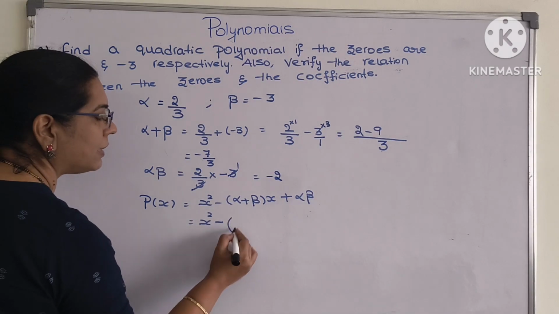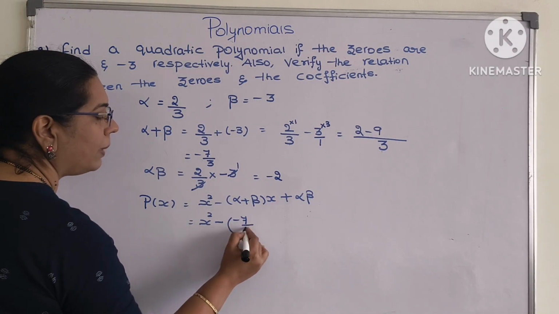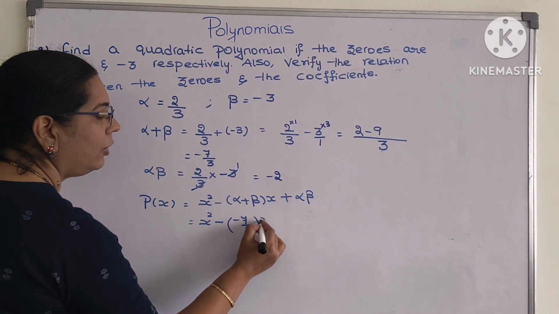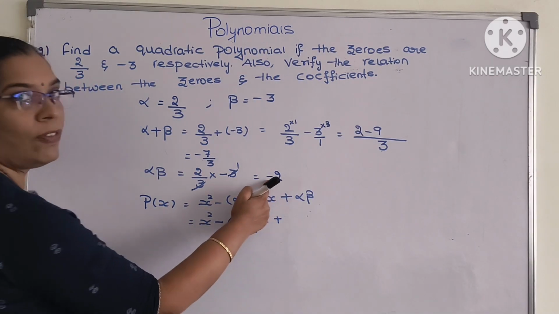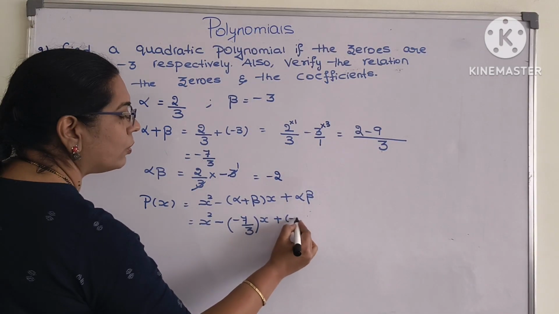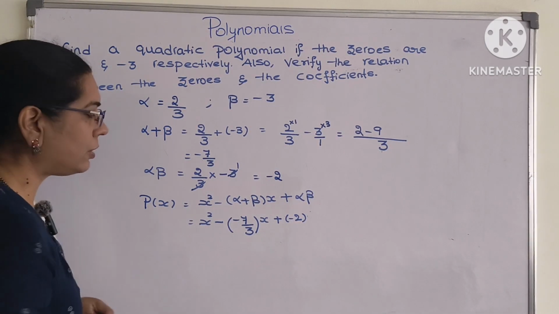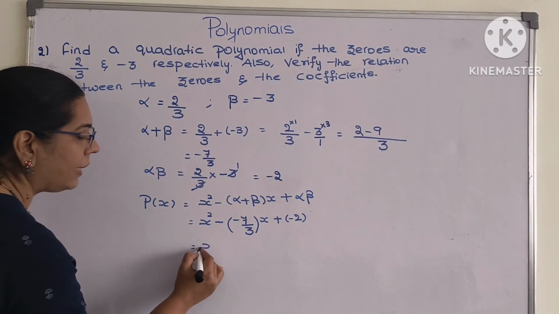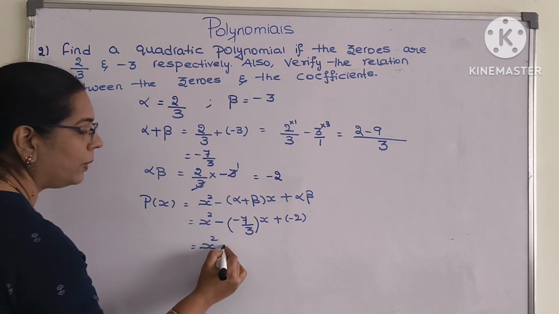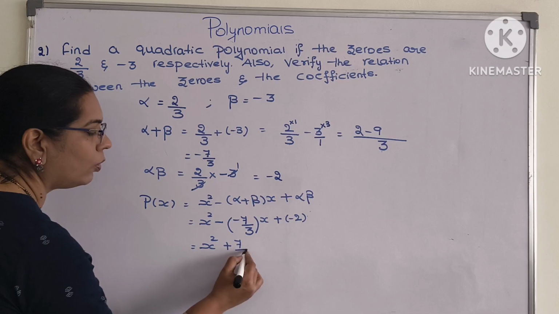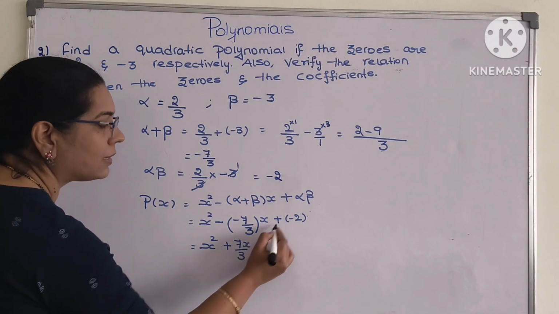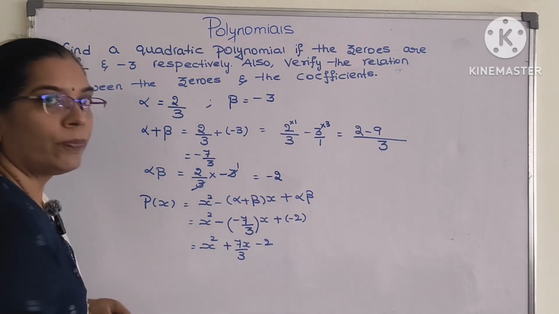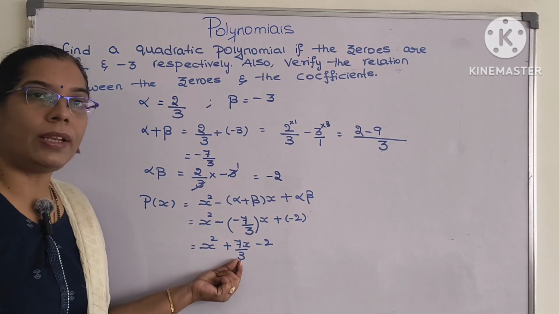It is minus 7 by 3. So write minus 7 by 3 into x plus alpha beta, which is minus 2. Keep minus 2 in the bracket. So this will be x square minus into minus, plus 7 over 3 into x, then minus 2.